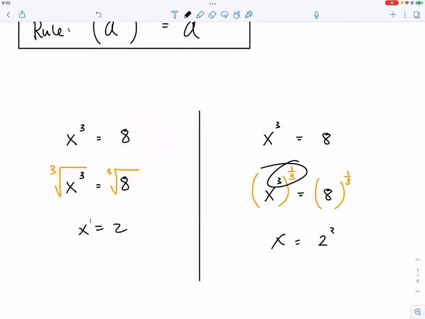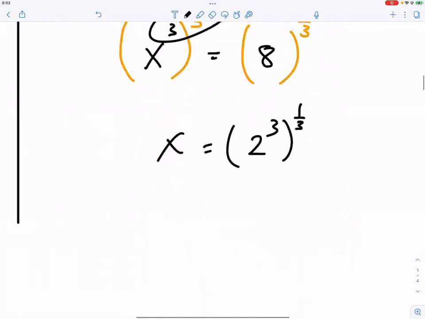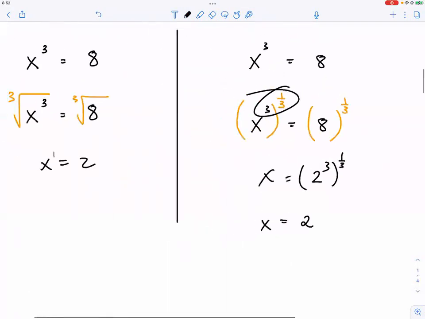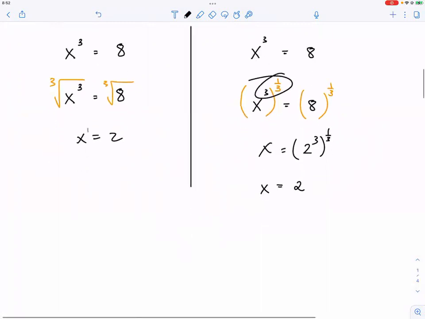And on the right-hand side, let me show you this in a better way. 2 cubed is 8. So 3 times 1/3 is also 1. So that's why x is equal to 2. So when we have a fraction, I want you to see something right here.